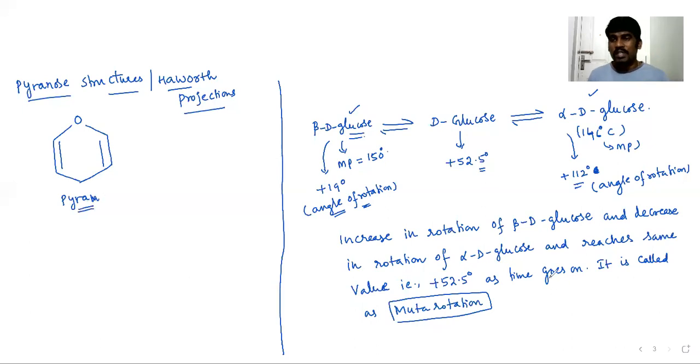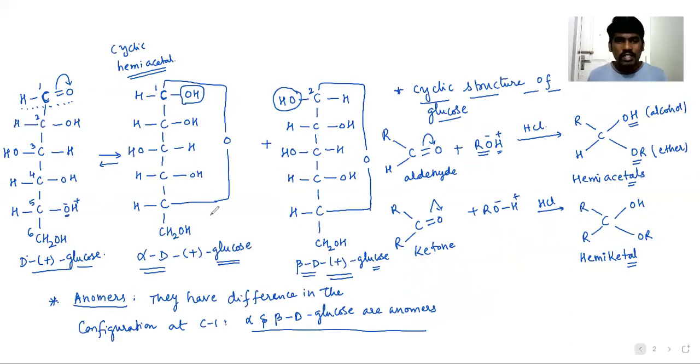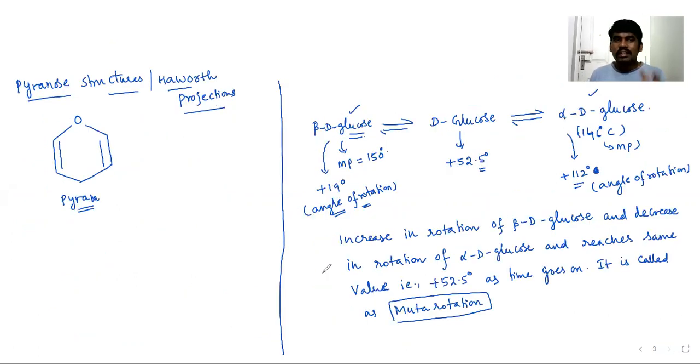And now, if you observe, in the cyclic structure we have given a Fischer projection. Yes or no? I am just changing the board. So this is the cyclic structure, no? The hemiacetal ring, we have given in the Fischer projection. This projection is said to be Fischer projection. And while we are giving Haworth projections, those are cyclic structures in the form of the pyran ring. Observe it carefully.